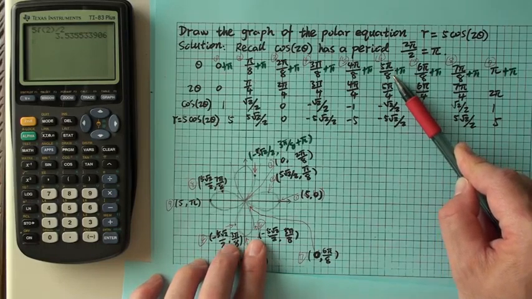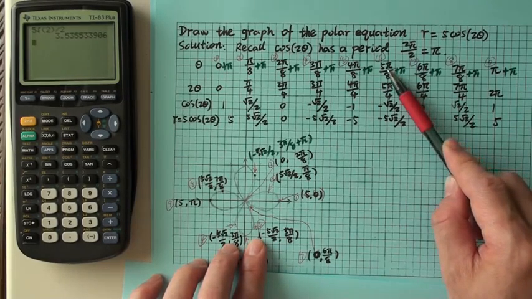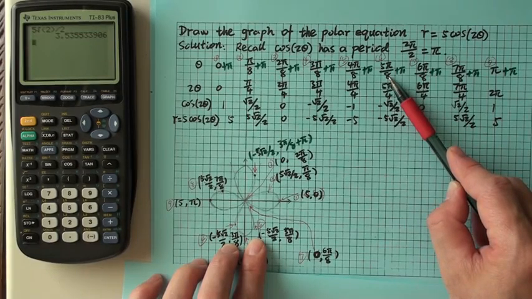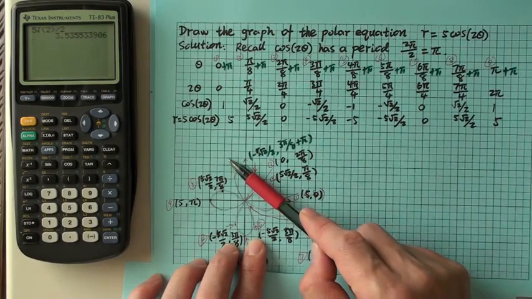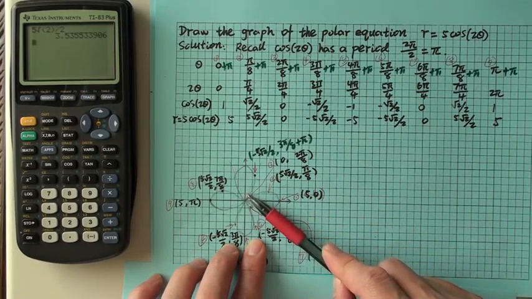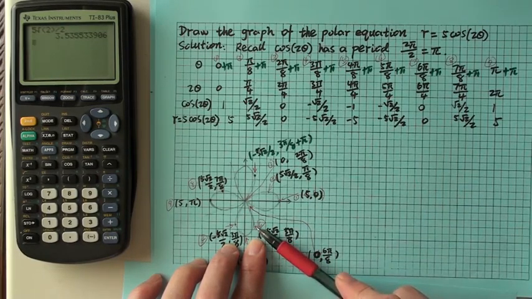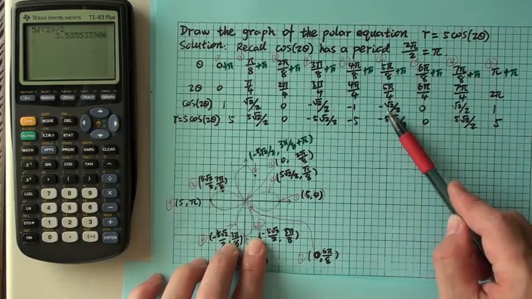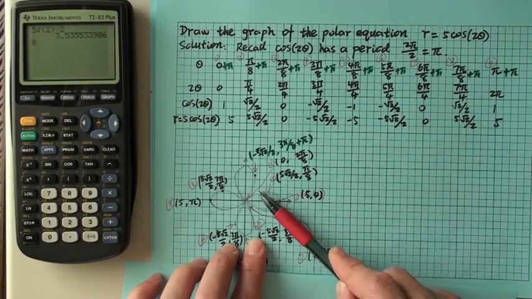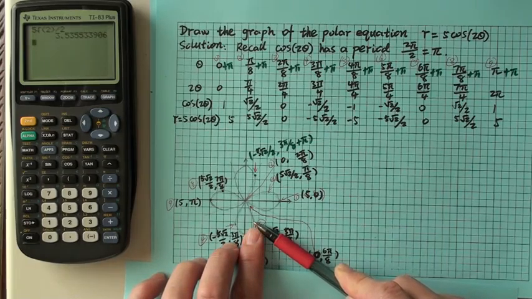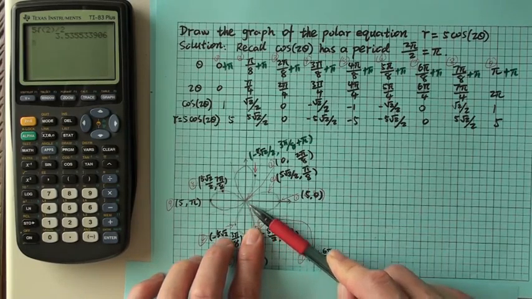You have 5 pi over 8. That's actually 90 degrees plus 22.5 degrees. It looks like it should be this angle, okay, but it's negative, so it goes right here. That's the 6th point. So the graph goes like this, and then it goes back to 0, you see.